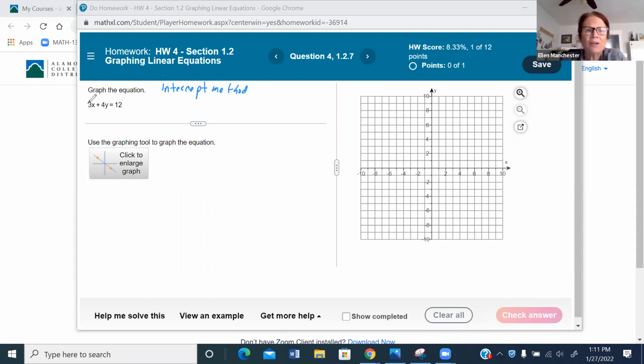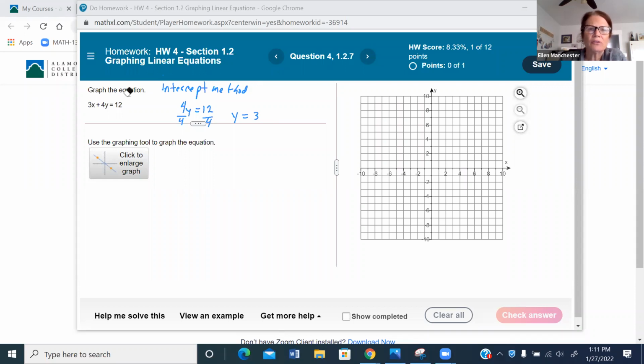So what I do is I literally cover up one of the terms, and what's left is a very simple one-step equation. So I divide both sides by 4, and I get y equals 3. This is my y-intercept, okay?